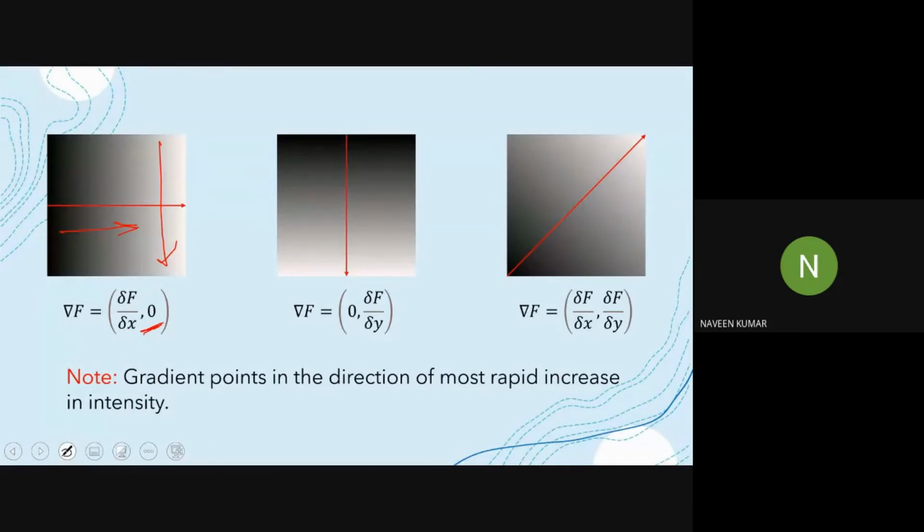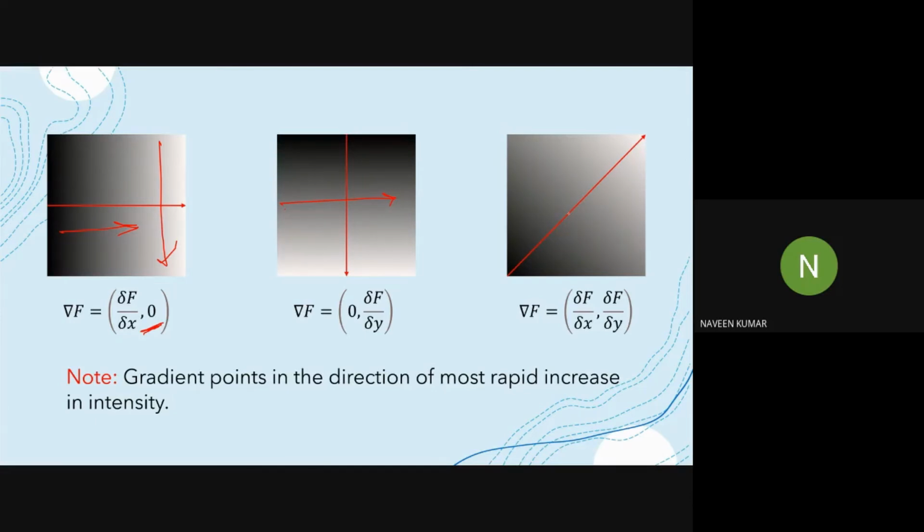Similarly, in the next image, delta f by delta x is 0, because there is no change in this direction. And in the third image, the gradient has both delta f by delta x and delta f by delta y, because there is change in both directions.